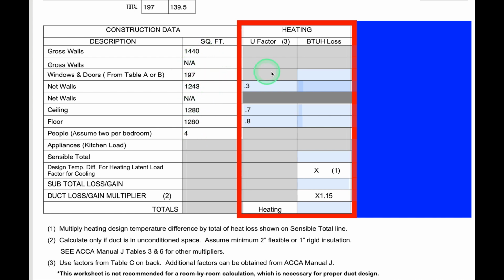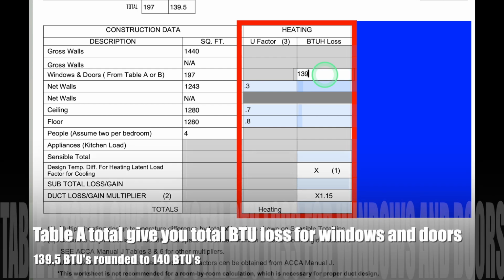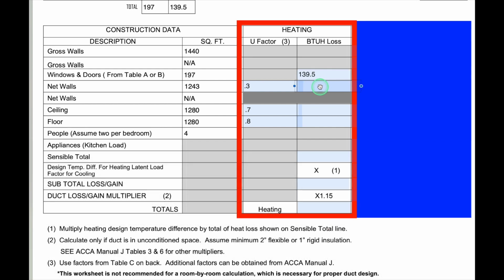But just the BTUs, this first box right here, if you look up to the top, you can see 139.5 BTUs. So we'll enter 139.5 BTUs of loss through the windows and doors. We got this number from our table A, heating, windows, and doors.